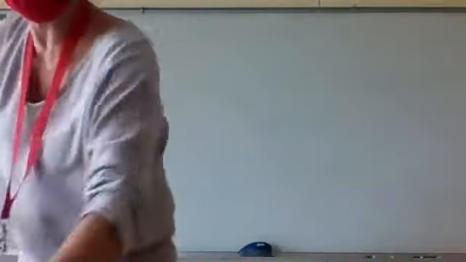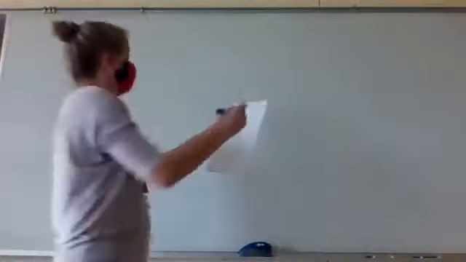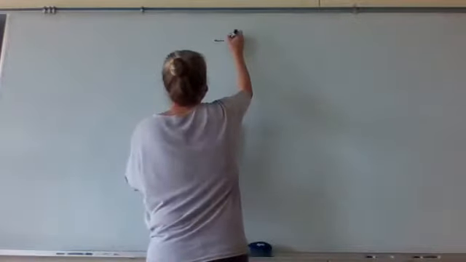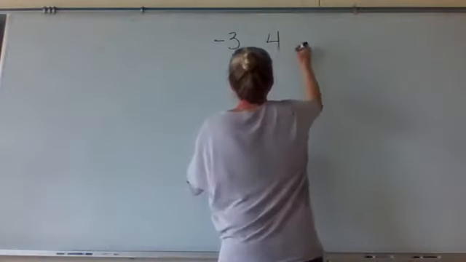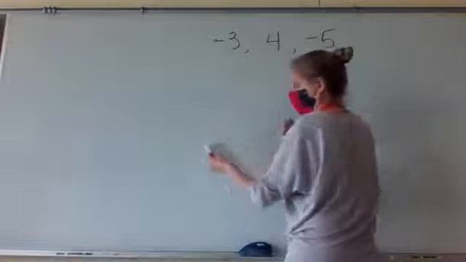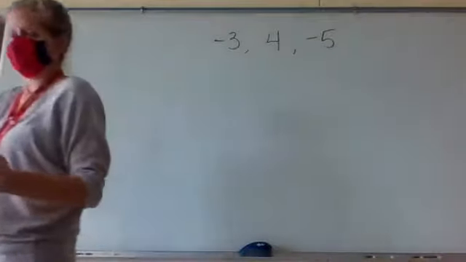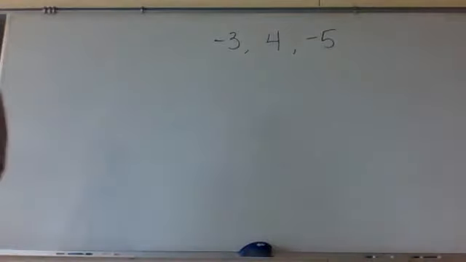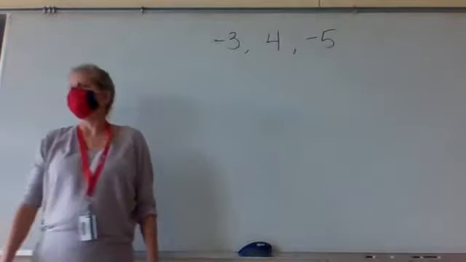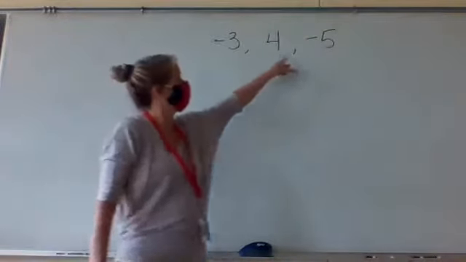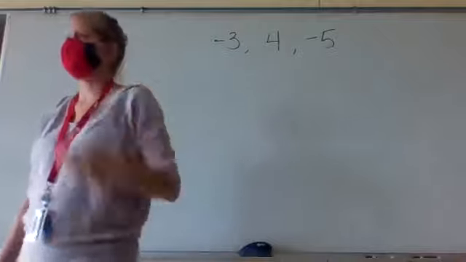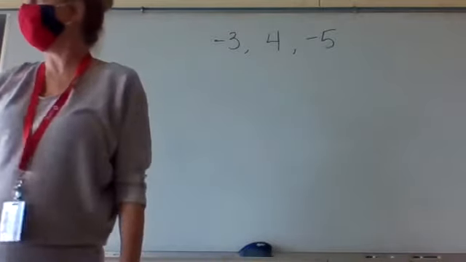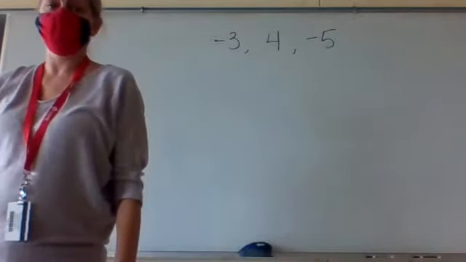So let's see, the zeros that it gives me are -3, 4, and -5. So it's saying there's a graph that has these 3 x-intercepts. What's the polynomial function that this came from?